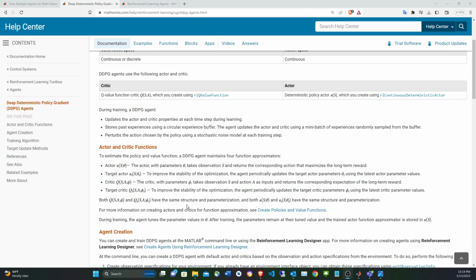And similar to the DQN, you're going to have a pair for each actor and critic. You notice that these are the parameters for the neural network of the actor, and these are the parameters for the critic. And notice that there are two actors and two critics. The target is updated based on the values of the other. So the parameters of this one are updated based on the values of this one at certain cadence. But the actual trained networks are these. But these ones are used to compute the reward, and you can see it in a moment.